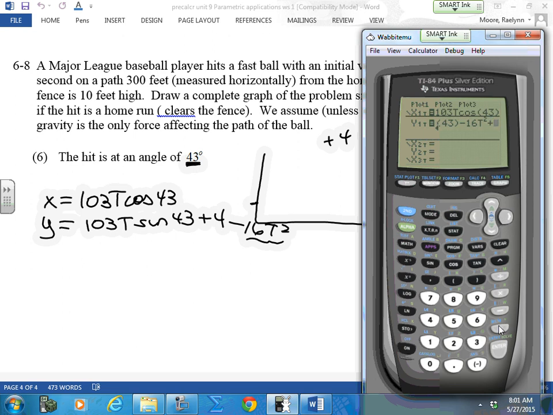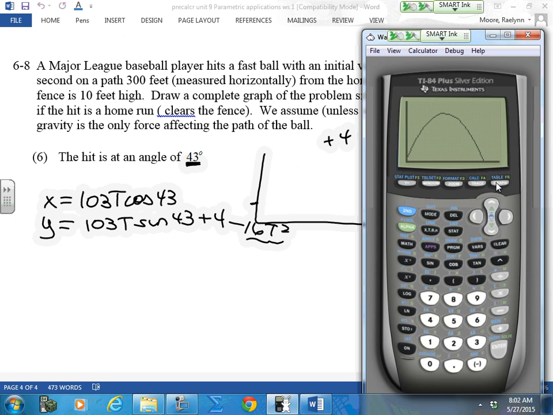Your plus 4, like Jessica said, can go either place you want it. Before the 16 or after the 16, it doesn't matter. It's not going to affect that. So we're going to graph. I get a graph, I'm okay. My table from before was pretty good. We had a batter before, so they're pretty much in the same ballpark.